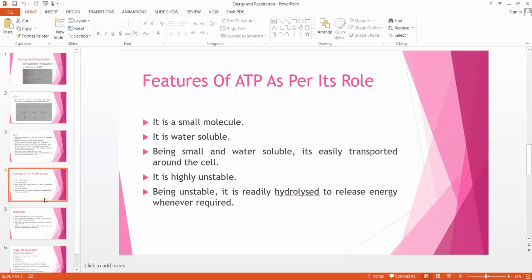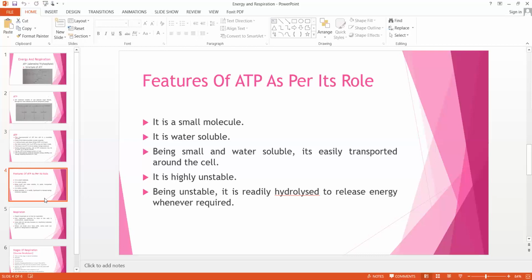One thing which is not related to this slide, but you should be very clear about it, is that ATP is not an energy storage molecule. It is the energy currency molecule, and it is the immediate donor of energy to the cell's energy requiring reactions.